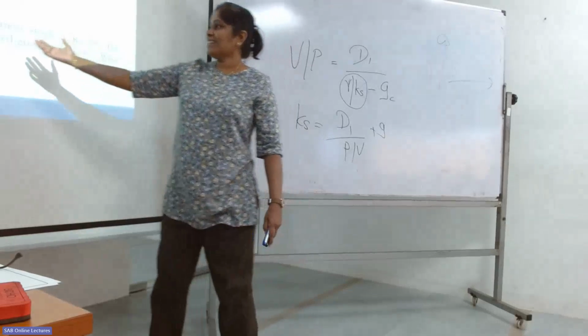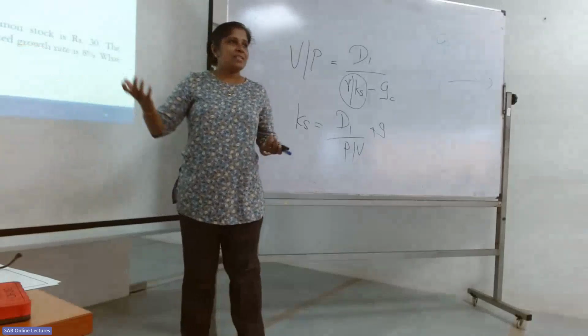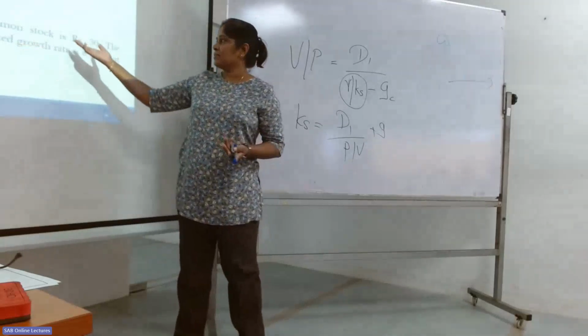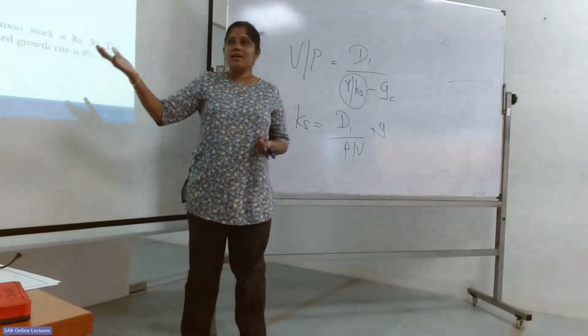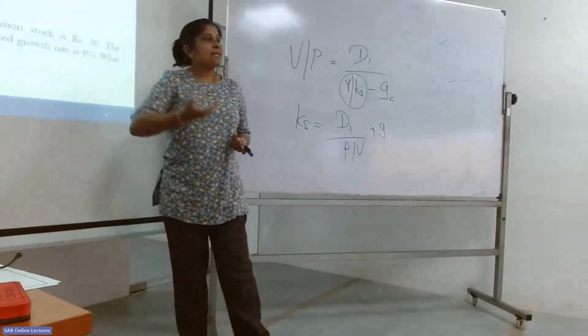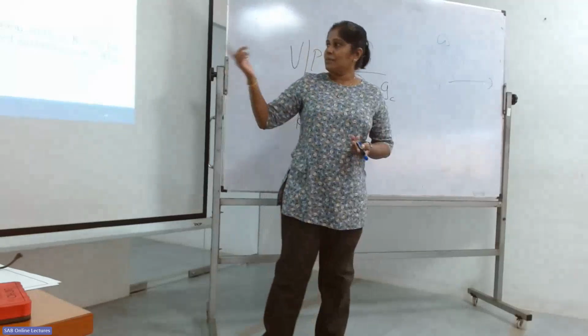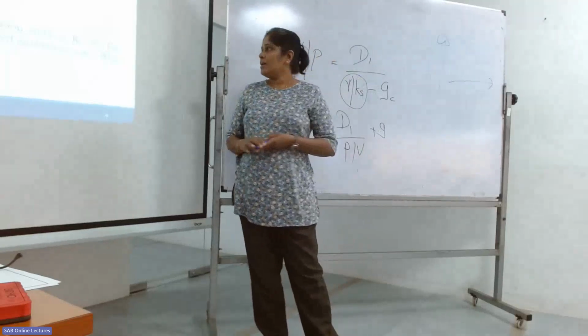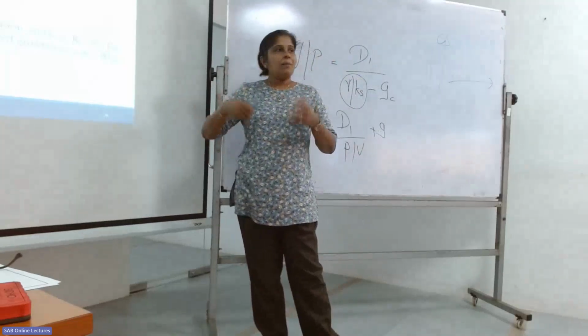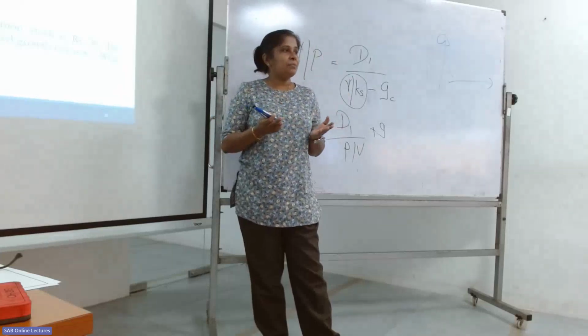Right. So now look at an example. Market price of a share. Suppose that particular company's market price of the equity share is 30 rupees. The dividend just paid, recently paid, is 4 rupees per share, and this company is now in its maturity stage, a stable company.